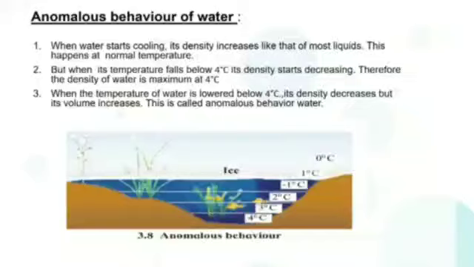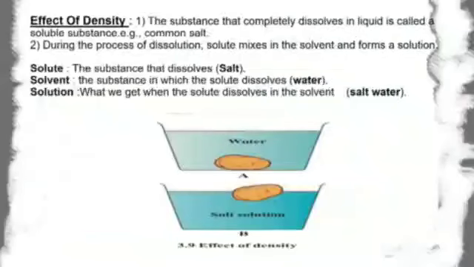However, if its temperature falls below 4 degrees Celsius, its density starts decreasing. This means that the density of water is maximum at 4 degrees Celsius. If the temperature of water is lower, below 4 degrees Celsius, its density decreases and volume increases. From this, it means that water expands when the temperature falls below 4 degrees Celsius.